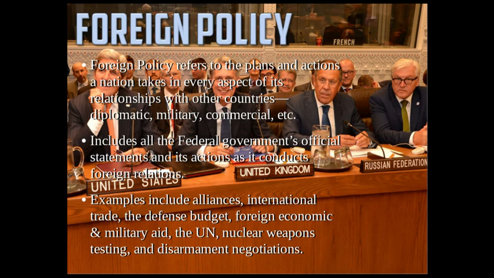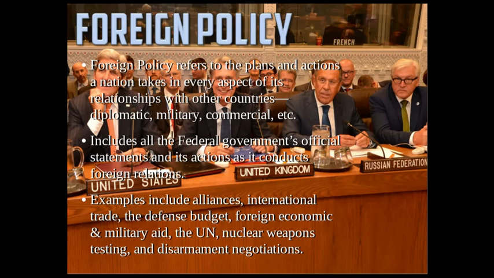Often, a country will use a public, official statement as a form of a threat, or if not a threat, certainly laying out, this is what we want you to do. And the rules of the game are such that if the United States says, this is how you should handle this, and you handle it that way, then it stands to reason that you would be rewarded for that.